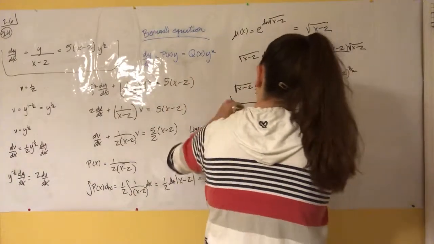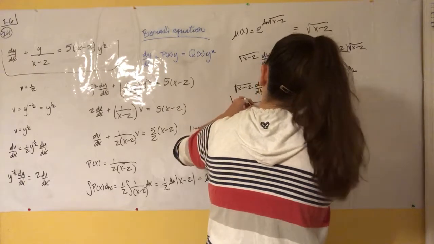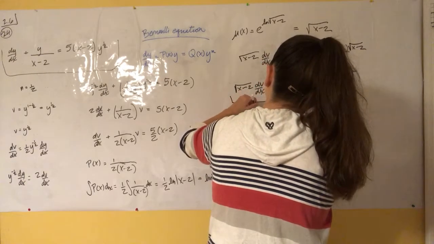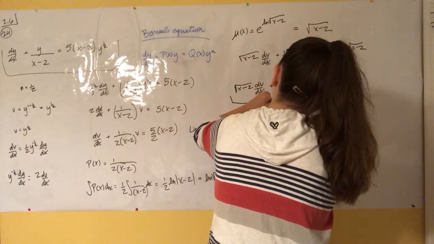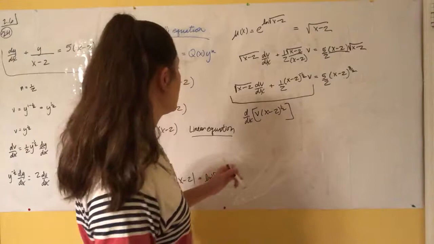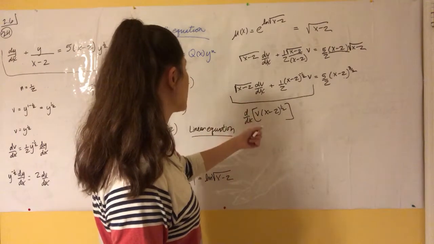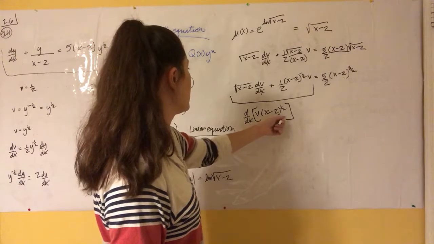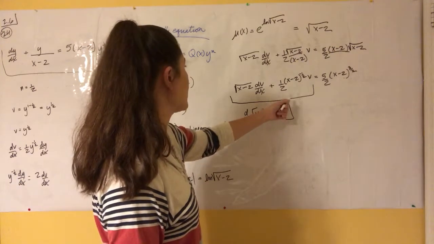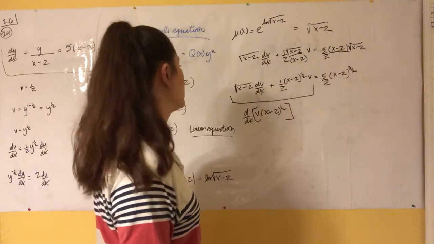Then realize that this part is actually d/dx of v times x minus 2 to the 1/2. Because if you take the product rule, it's going to be square root x minus 2 times dv/dx, and then this part will be 1/2 times x minus 2 to the negative 1/2 times v.